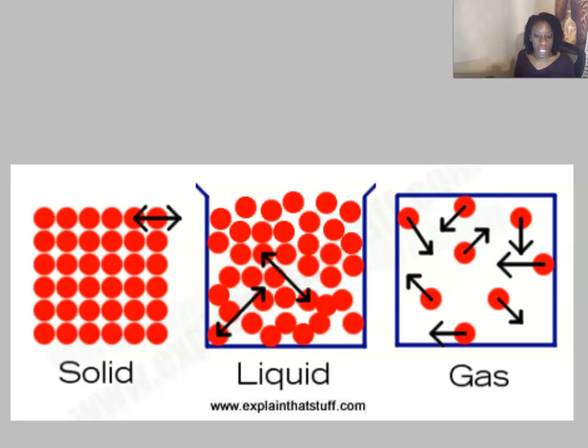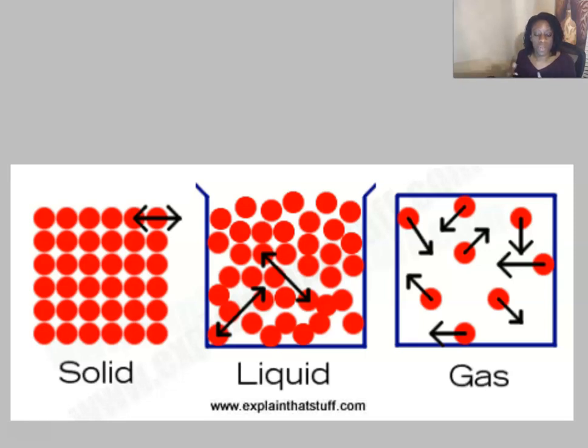There's a high amount of kinetic energy, which means a high amount of motion. Because those molecules are moving around so much in that space, there's a lot of space in between each molecule. So that's typically the least dense of the 3 phases, because there's a small number of molecules within that space as compared to the other phases.